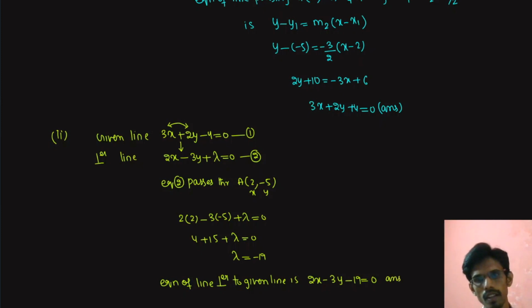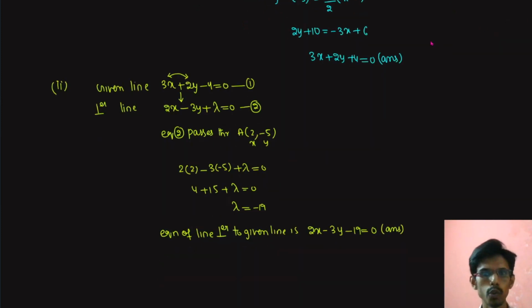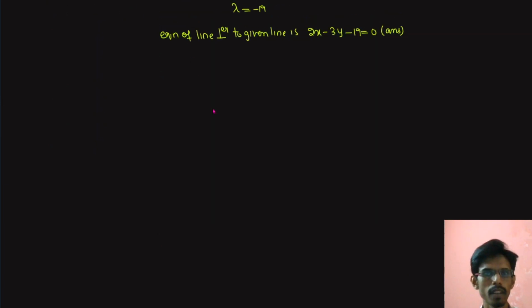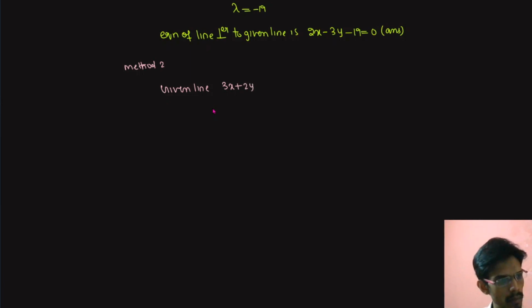Okay, now the same question can also be done in another way. Method 2. Here the given line is 3x + 2y - 4 = 0. So the slope of this line, let us take it as m1, is -3/2, the coefficient of x by the coefficient of y.